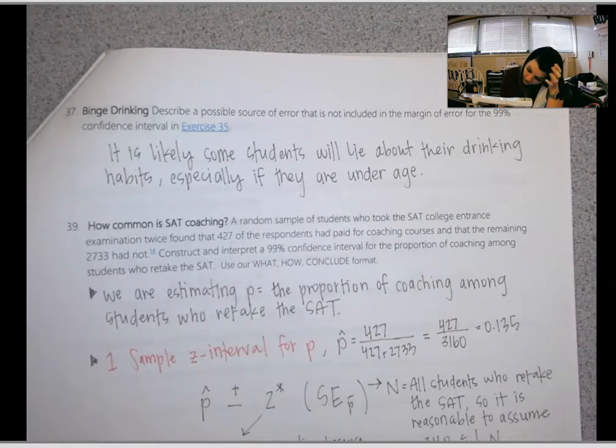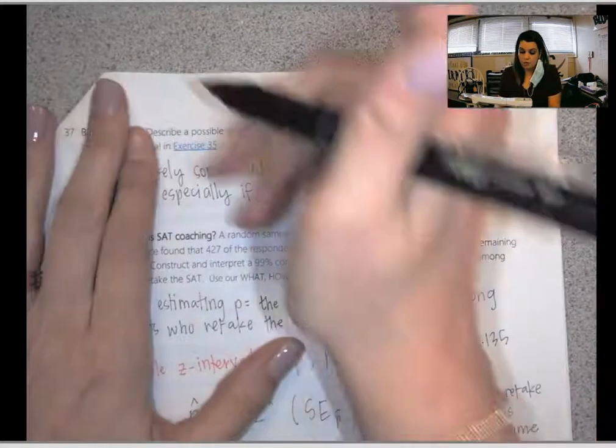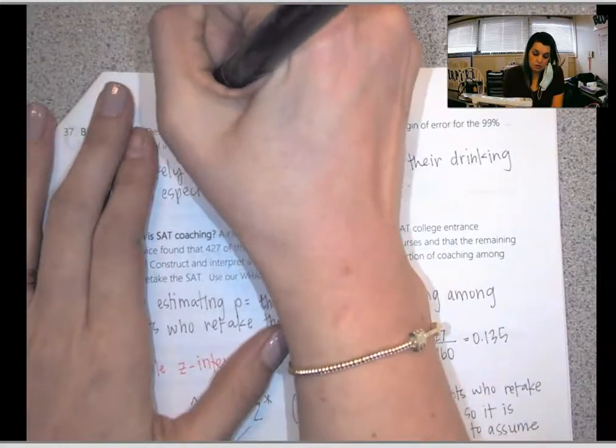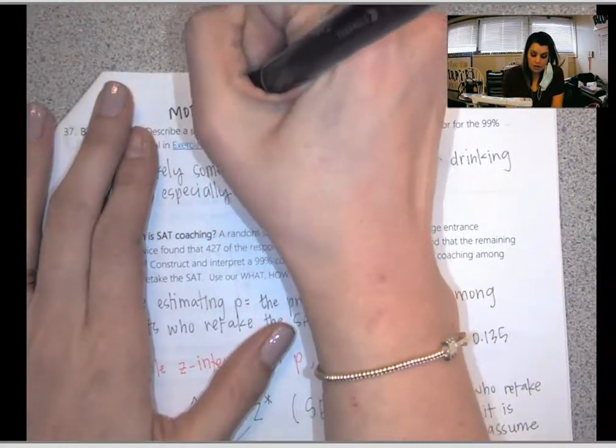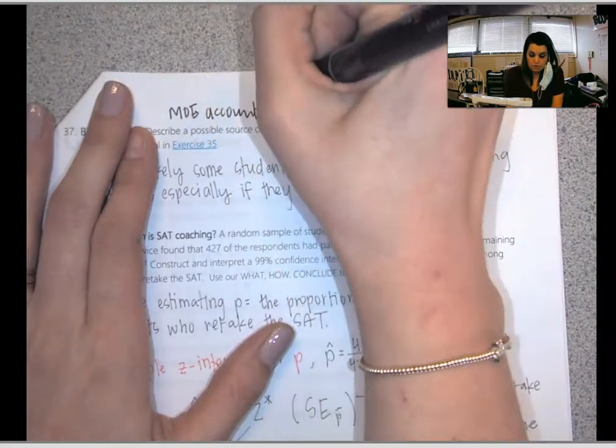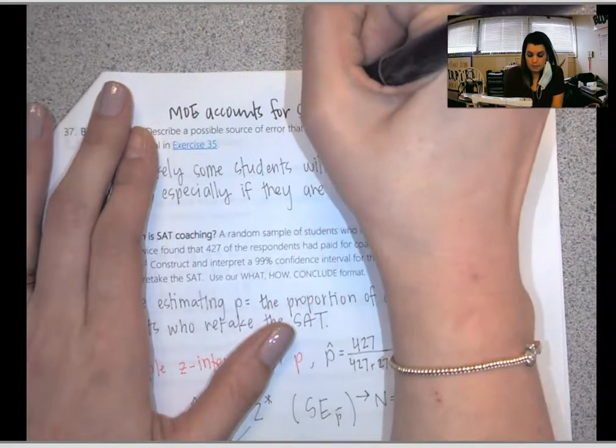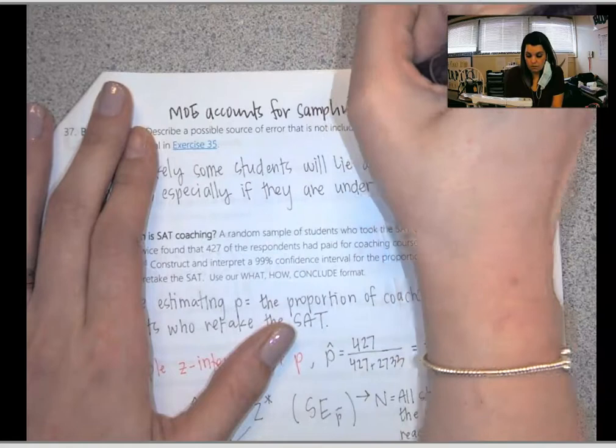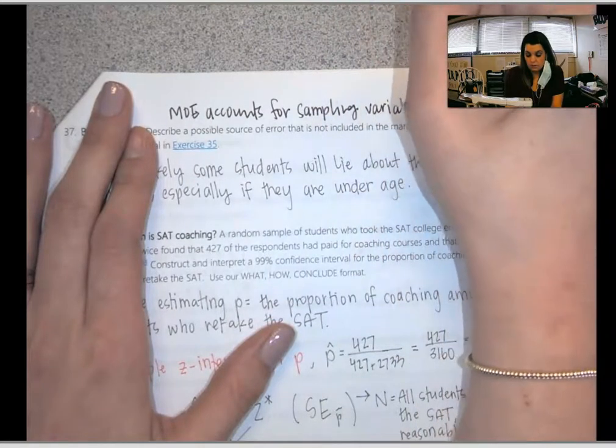Remember, margin of error is accounting for sampling variability. It's that natural tendency for samples to be different. So if you need to write that down, make sure you do. Margin of error accounts for sampling variability.